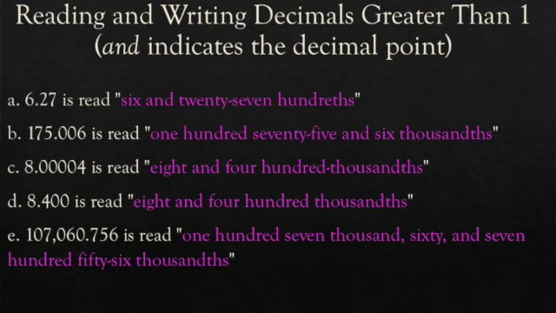Remember, when you write numbers that are less than 100, you need to include that hyphen. The number 6 is in the thousandths place. That is why I wrote 756 thousandths.